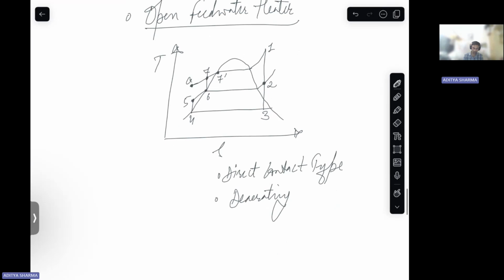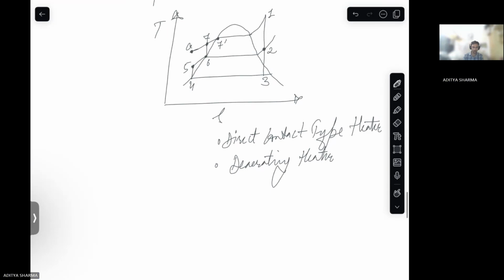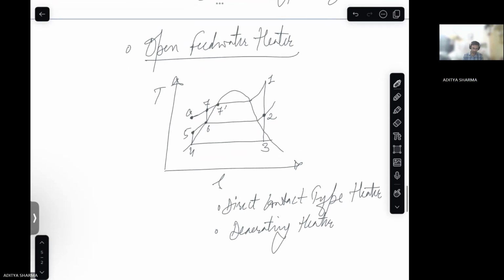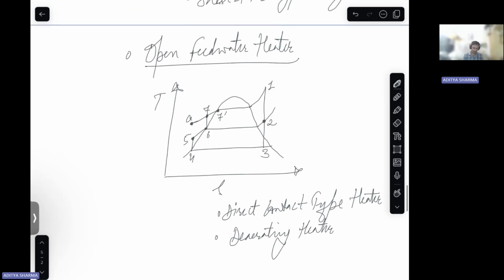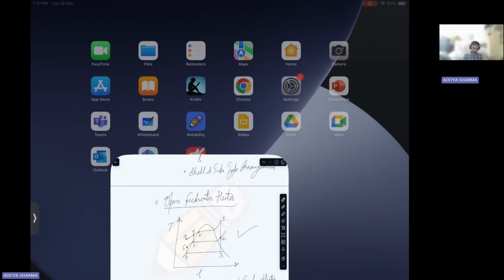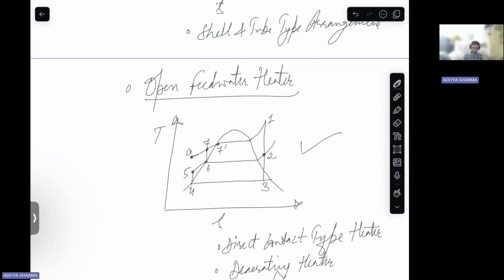Deaerating means removing non-condensables, or non-condensable gases. Further discussions have been done on open feed water heaters, but for this session, I believe this much is fine, and if we come across some questions, we will see it there only.